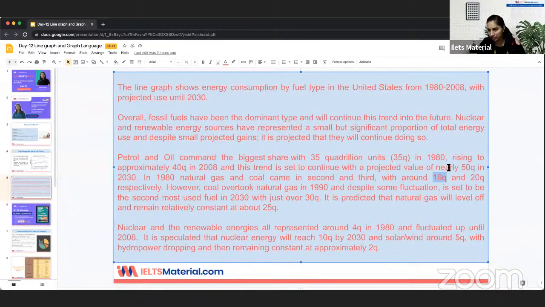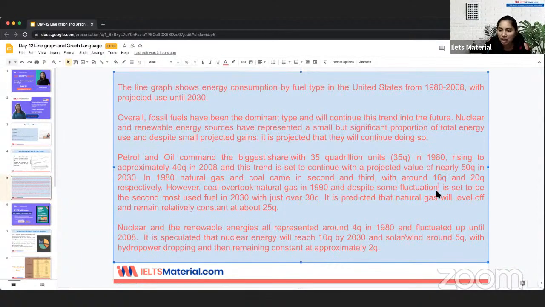Just imagine how you write 8 km, or 8 kg for kilograms. All would be considered as one word. Clear, Deepika? Deepika, is it clear?